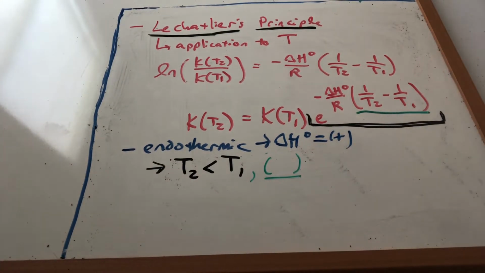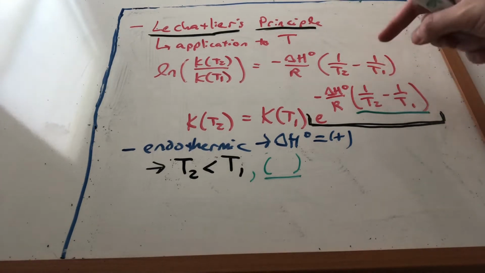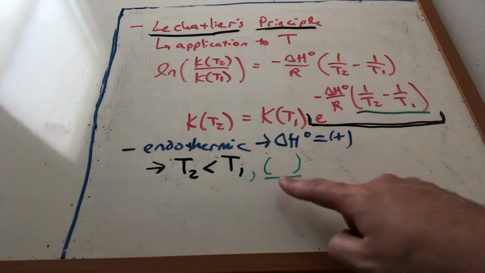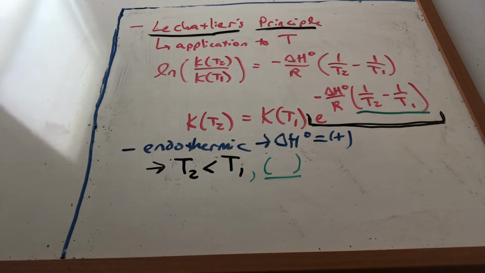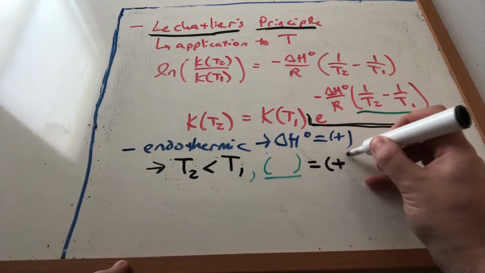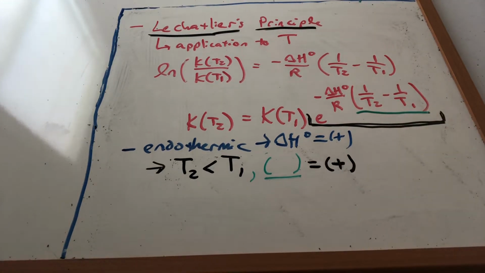1 over T1 is now going to be 1 over a bigger number. So 1 over T2 is bigger than 1 over T1 because we're talking about inverses here, right? So this parenthetical term is now going to be positive. We know delta H is positive.